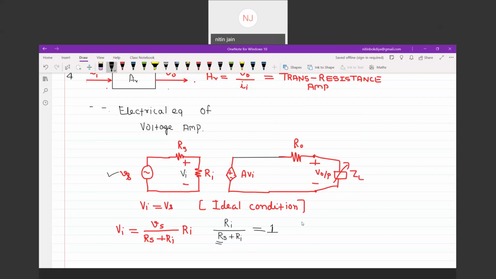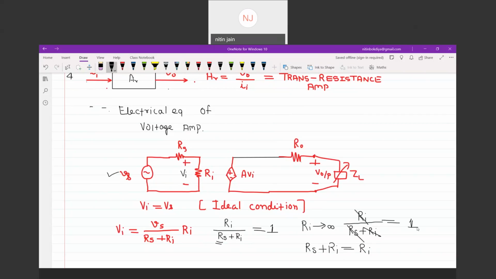So what is the condition? Ri must be as high as possible. If the value of Ri is very high, then Rs plus Ri is also Ri. For Ri approaching infinity, I can rewrite the expression Ri divided by (Rs plus Ri); Rs is negligible, so Rs plus Ri can be written as Ri.